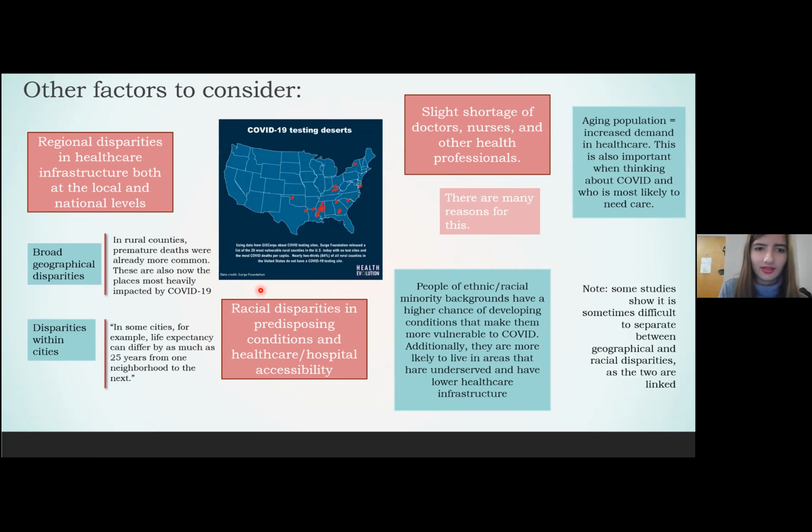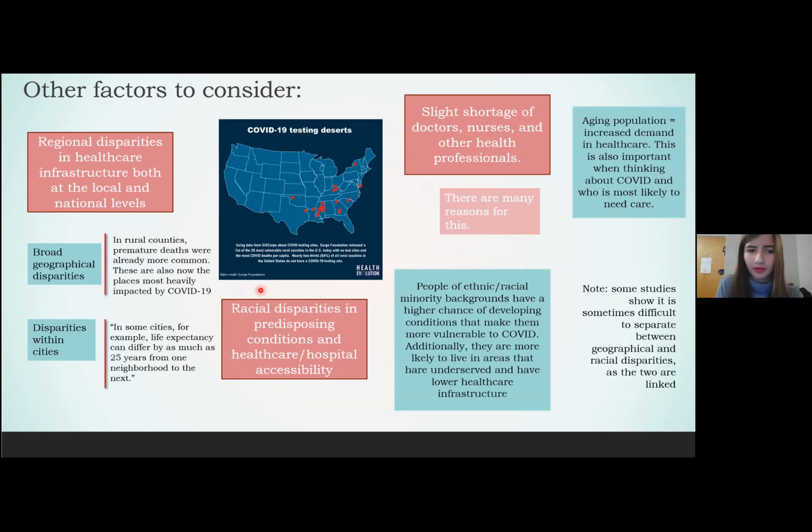And this was already sort of happening before the pandemic. Rural counties already had way more premature deaths and instances of preventable disease. But the pandemic just continues to reinforce the fact that the healthcare infrastructure in these areas was not equipped to handle something like COVID.